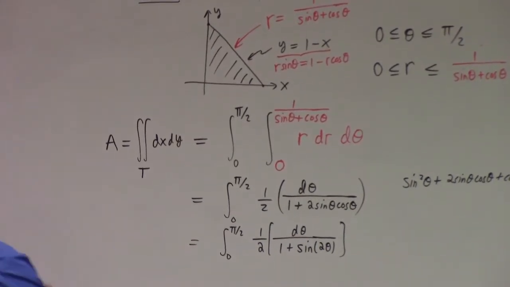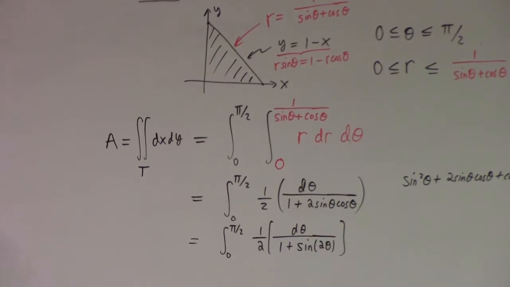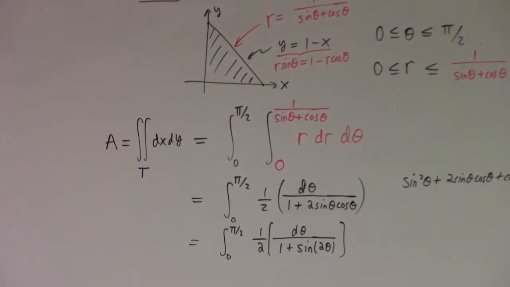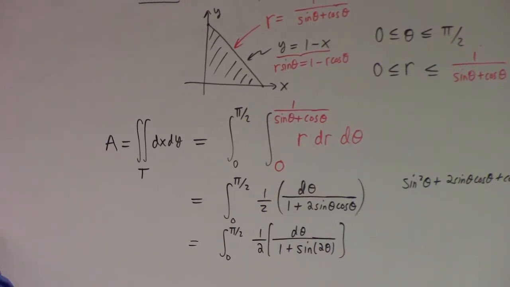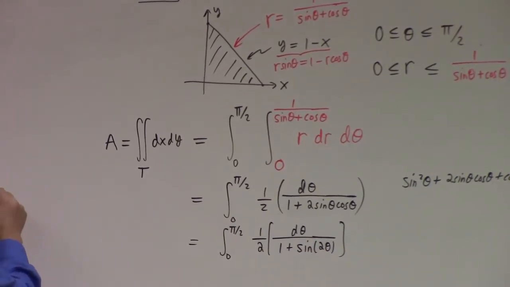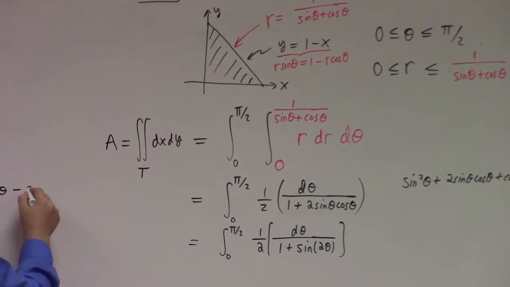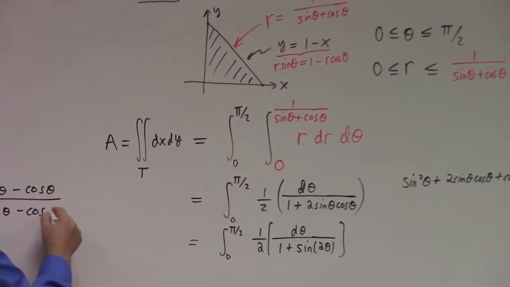So I'm going to actually go back to this. And let's see, let's try multiplying by sine theta minus cosine theta over sine theta minus cosine theta, see if anything nice happens.